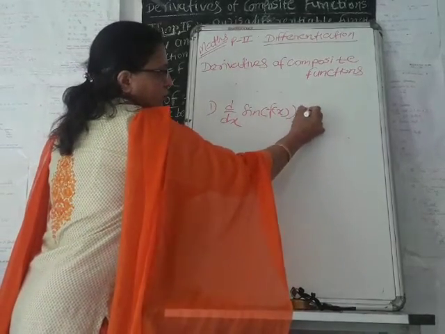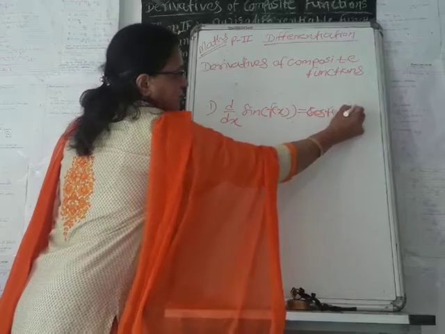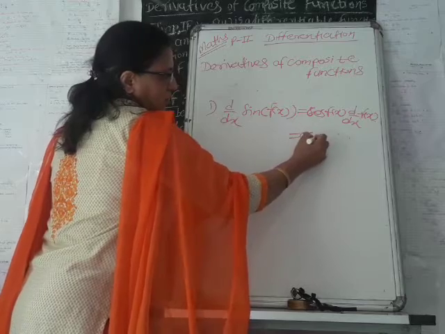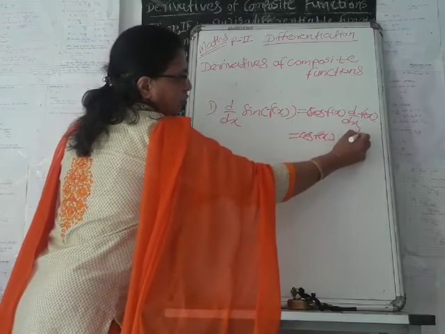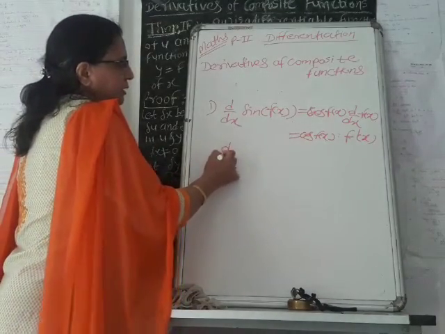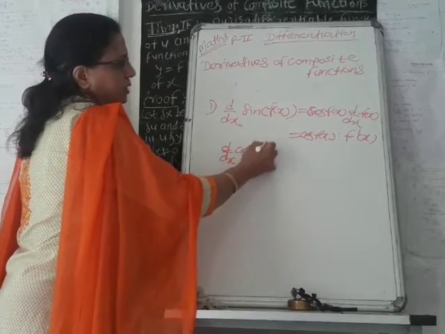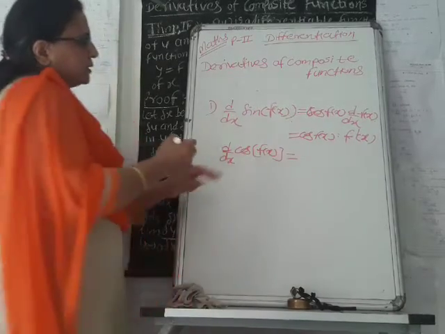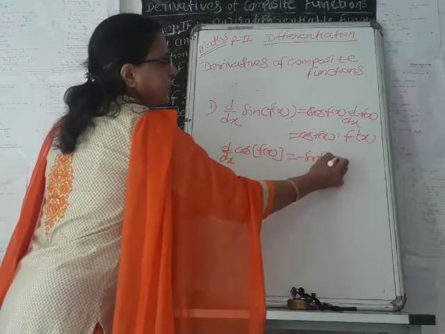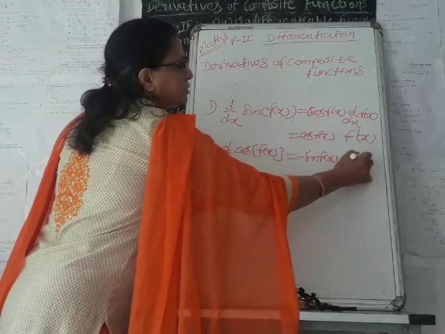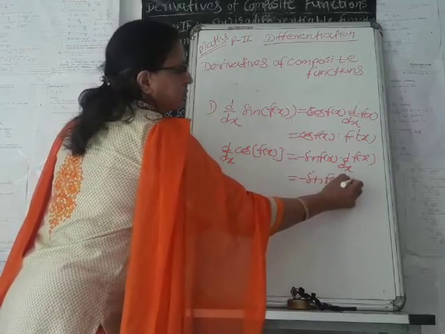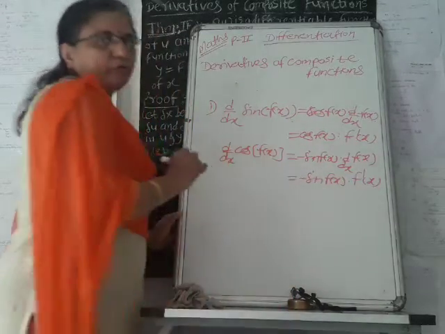Cos of f of x into d dx of f of x, which means cos of f of x into f dash of x. Similarly, d dx of cos of f of x. What is the derivative of cos? It is minus sine of f of x into d dx of f of x, which means minus sine of f of x into f dash of x.